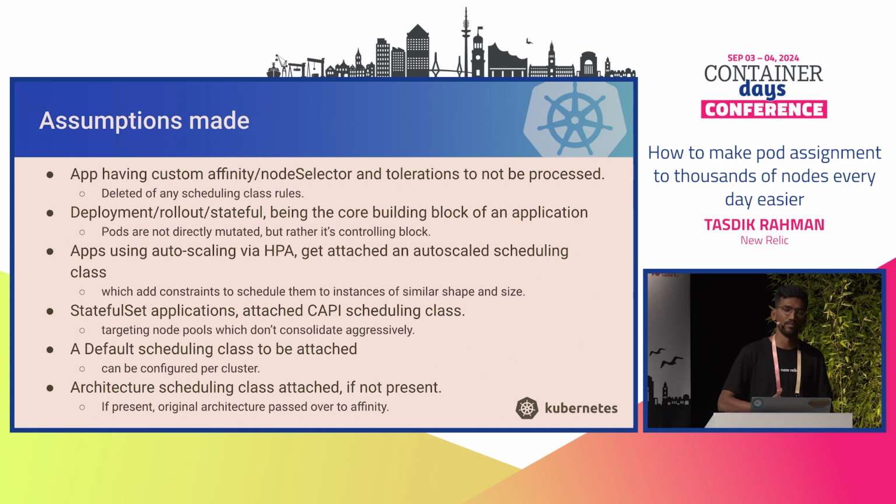So we would want to prevent that for stateful set applications. We would also want to be able to configure a default scheduling class to be attached, which can be configured per cluster. An architecture scheduling class is also being introduced here if not present. If an application is not passing an architecture, we would just attach something to it so that it can schedule itself. And if it is already passing something as an architecture, we would just pass it over to the affinity.